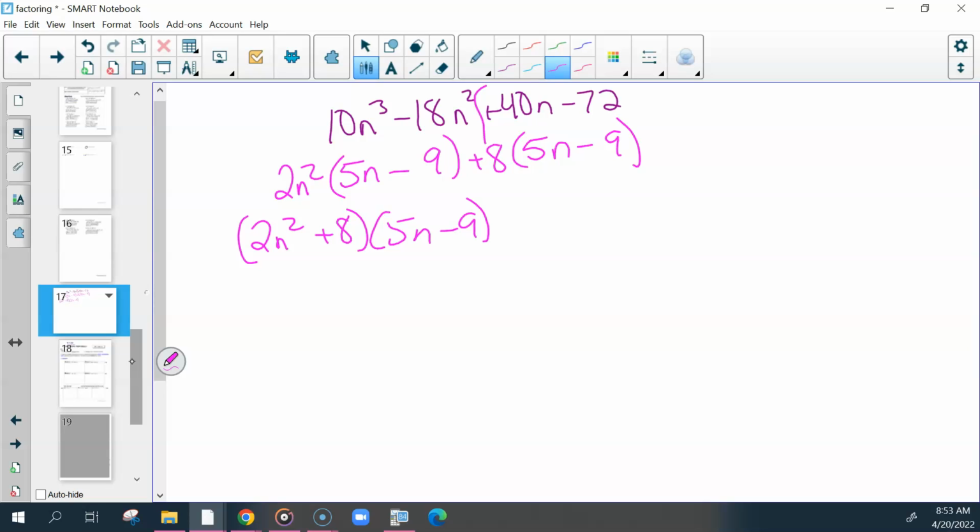What did it say? Same exact thing. But it said it was wrong. Yeah. Let me look at it. Oh, yeah, because you can factor the 2 and the 8 again. I completely disregarded that.